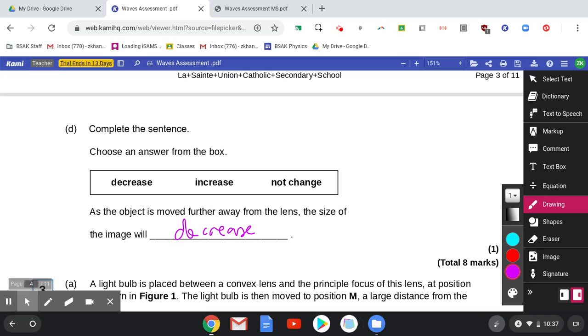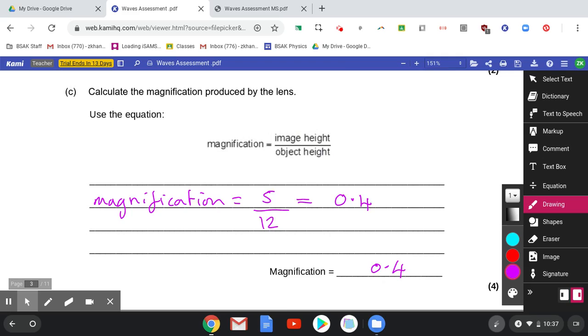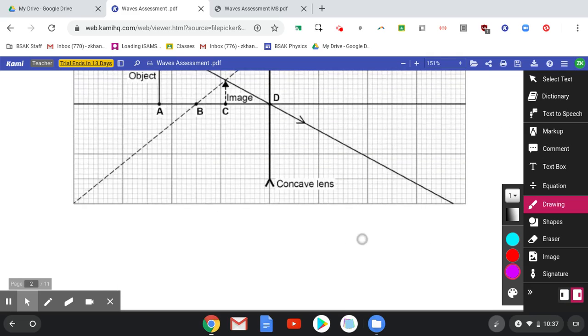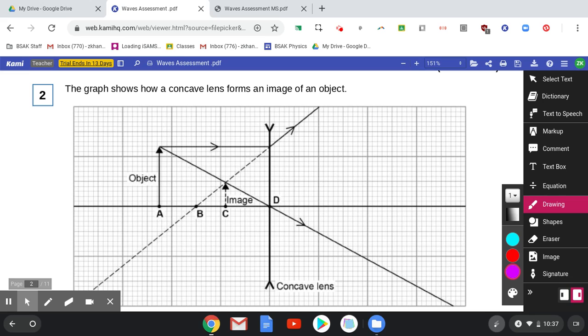Complete the sentence. As the object moves further away from the lens, the size of the image will decrease. So if this object is moved further and further away from the lens, what will happen to this image? Now, if you think about this ray, what will happen to this ray?